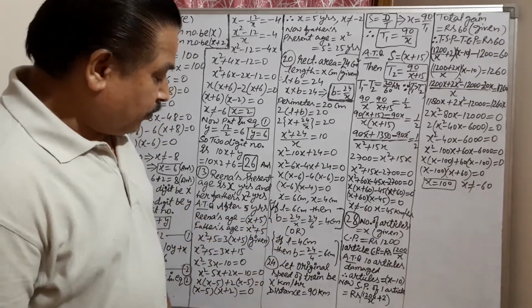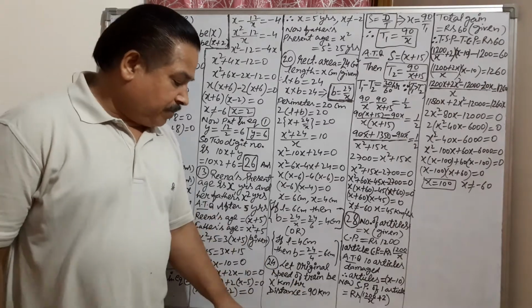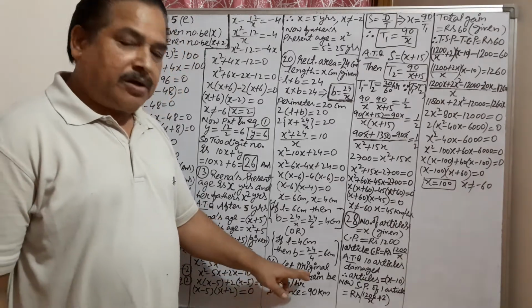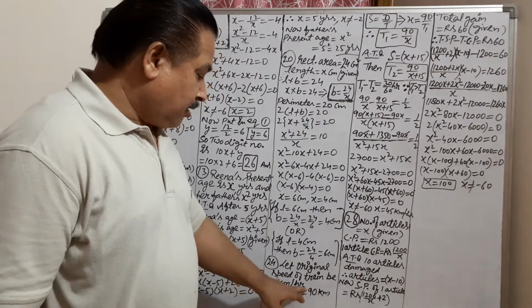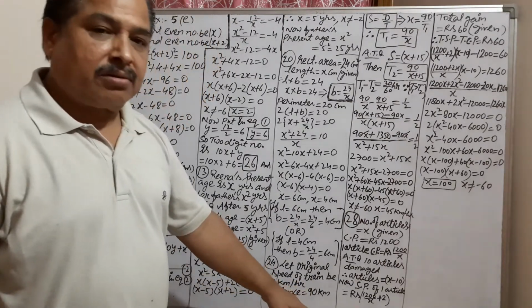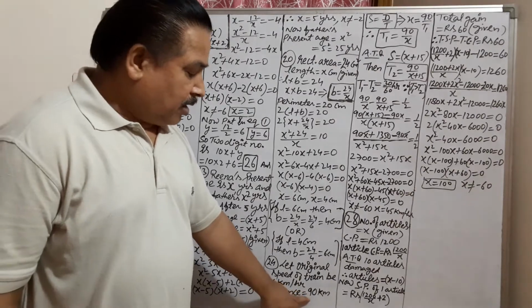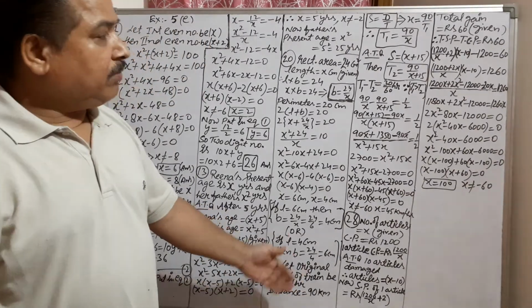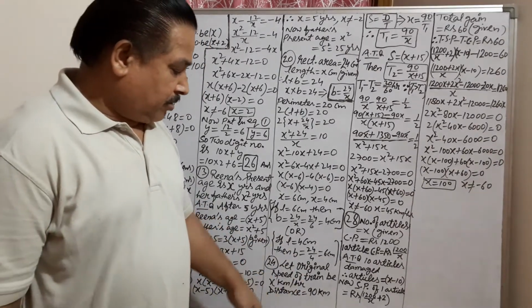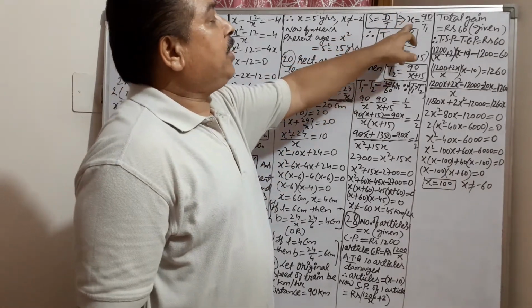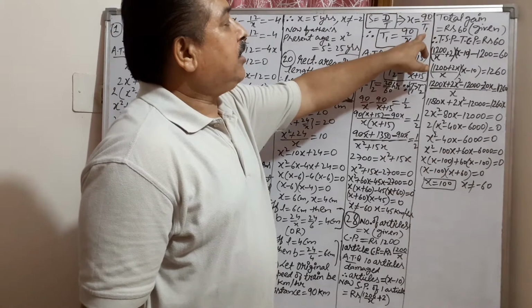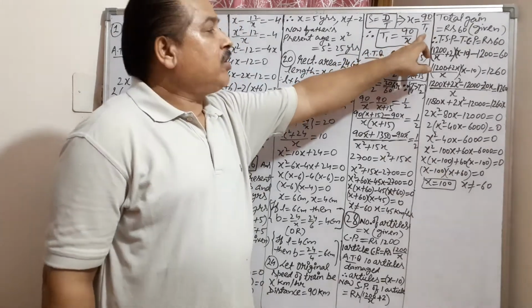Now see question number 24, which is based on speed, distance and time. Let the original speed of the train be x km/h and the distance is given as 90 km. So the train has to cover 90 km. The speed formula is distance upon time. Speed is x, distance is 90, time is not given, so you can take time as T1.